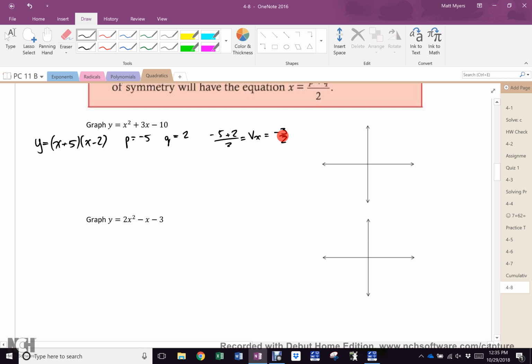Now, what can I do with that over here? I can sub it in for x, can't I? So y equals negative 3 halves plus 5. Now 5 is really 10 over 2, correct? And negative 3 halves minus 2, which is 4 over 2, correct? What's negative 3 plus 10?